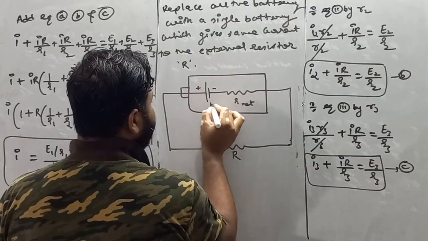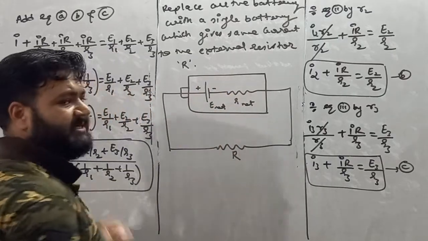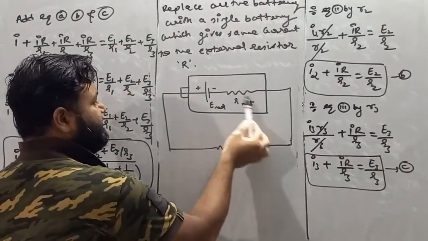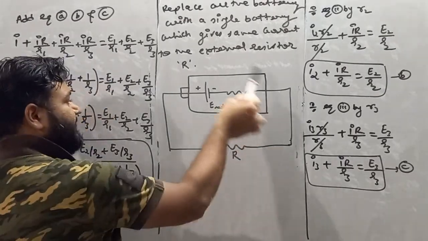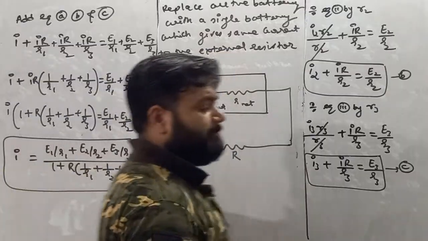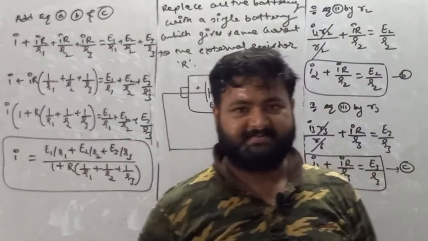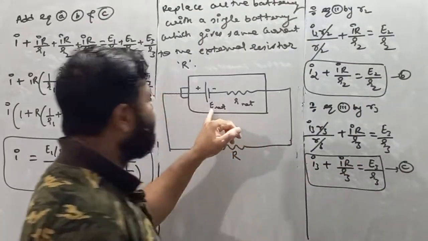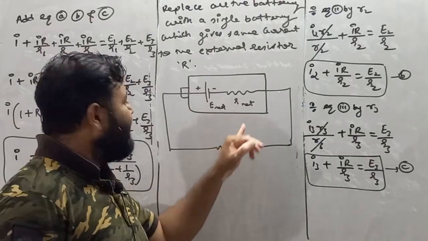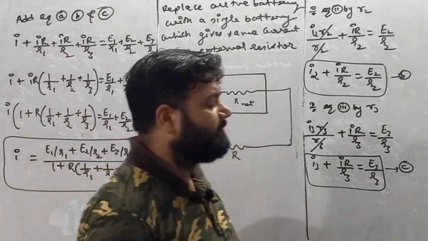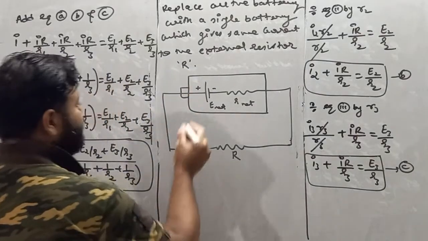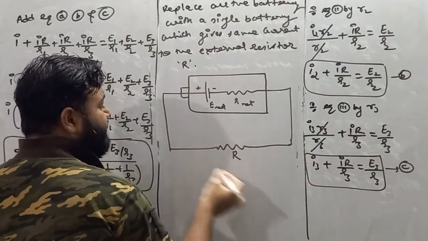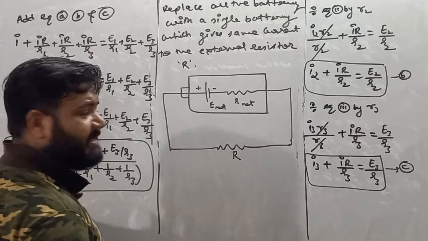So this is what we have. The battery potential is E net, internal resistance is R net, and external resistor is capital R. Now see, this battery is replaced by all the three batteries. So its EMF must be equal to all the three batteries, and internal resistance is also equal to the sum of all the three. Now see what we'll say. This battery can give the same amount of current to the external resistor.